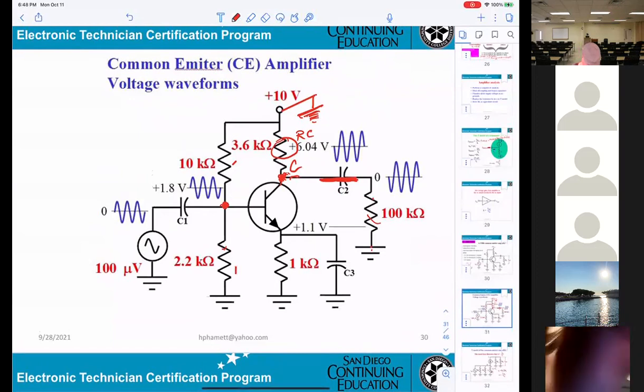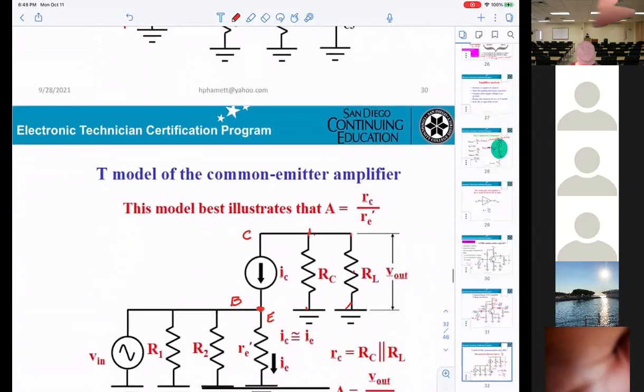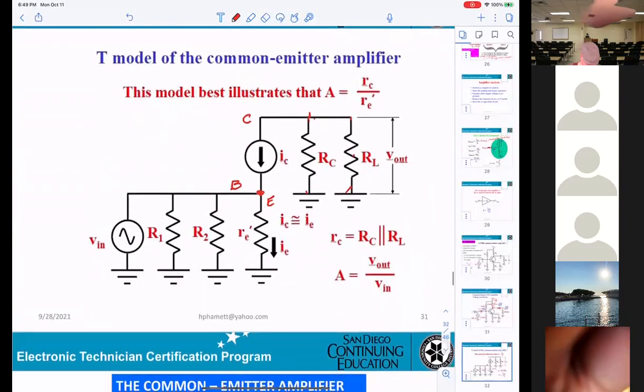And also the capacitor here is shorted. So you can see at the base, you get R1 connected to the base and to the ground, and R2 connected from the base to the ground.